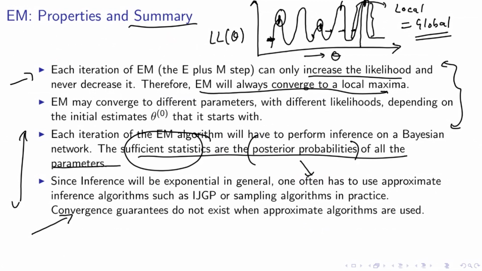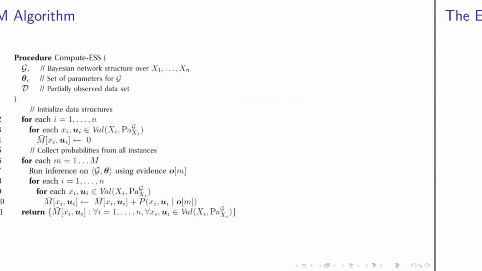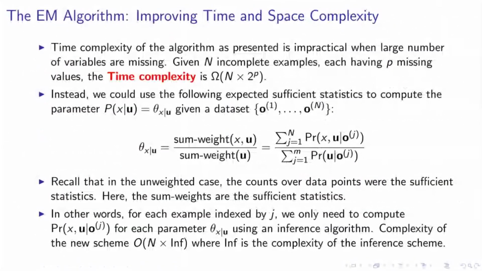So you'll implement the naive version of the EM algorithm, which has a complexity bound of n times 2 to the power p. Okay, so I will make sure that this algorithm is doable in the sense that I'll make sure that the number of missing variables is bounded by 4 to 5, right, and not more than 5.